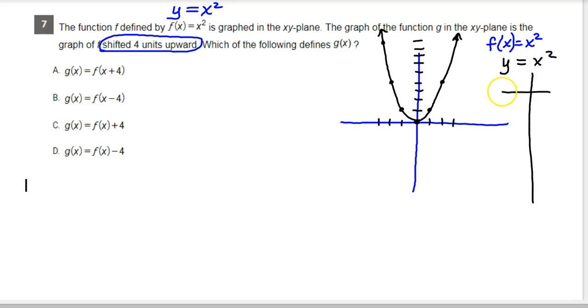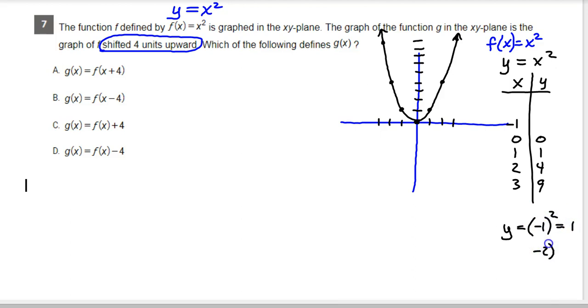If you're not sure, you could make a little t-table and you could plug in some values. You put 0 in for x, you get 0. If you put 1 in for x, you get 1 squared, which is 1. Put 2 in, 2 squared is 4, 3 squared is 9. And if you go the other way and you put a negative in for x, if you plug negative 1 in, well, that's really y equals negative 1 times itself, which is also 1.